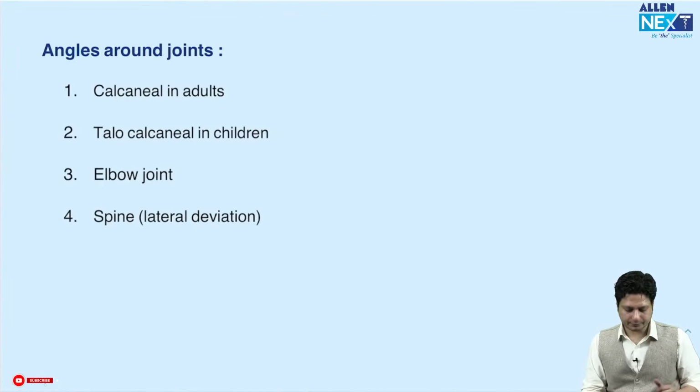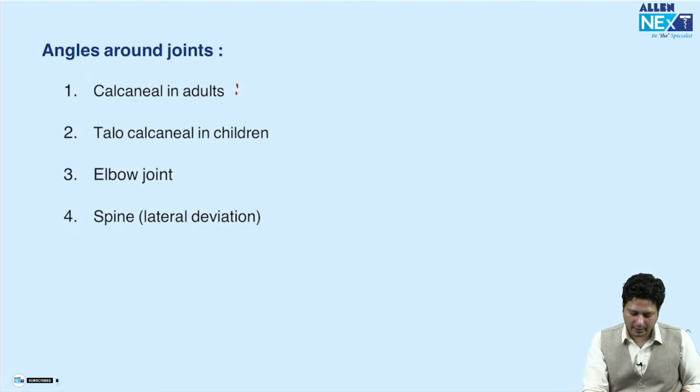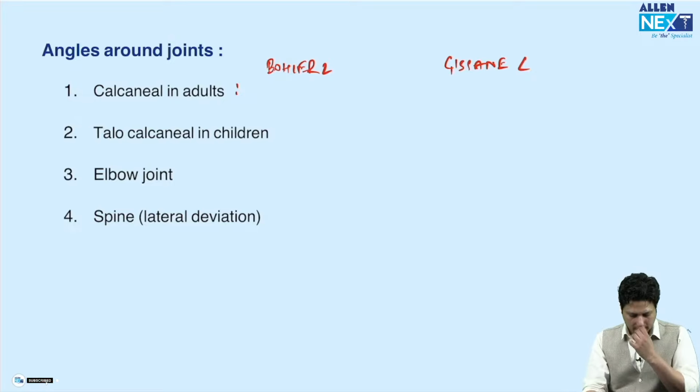Now, quick understanding of how the angles around the joint could be given to you in the form of x-rays. They will give you the x-ray and they will construct the angle. You know, if they construct an angle around the calcaneum, then it could be Bohler angle or it could be the crucial angle of Gissane. All right, the Bohler angle has to be less than 90 degrees.